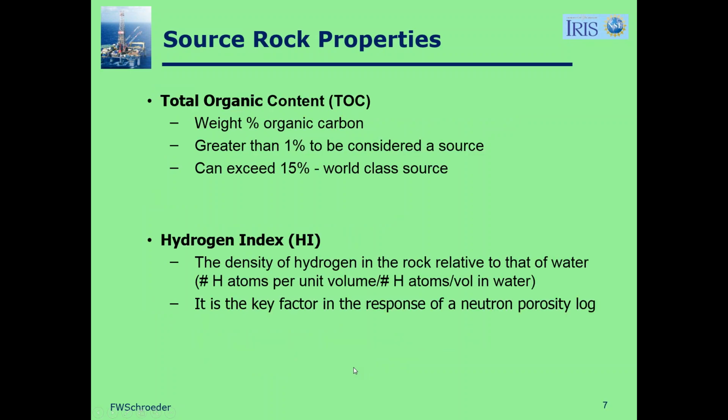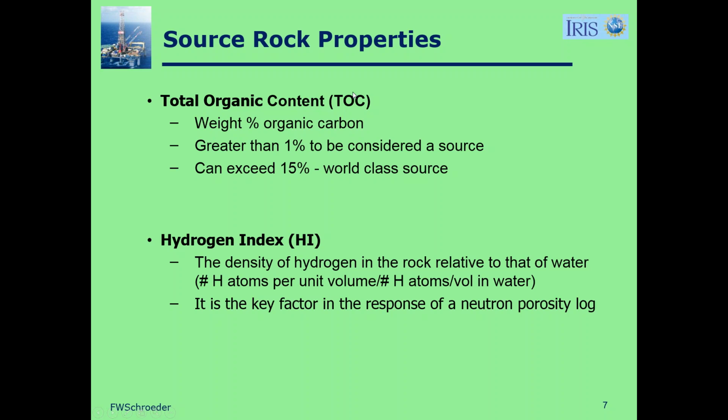There are 2 source rock properties that we are very interested in. The first is total organic carbon, and people will talk about TOC for total organic carbon. That's the weight % of organic material.